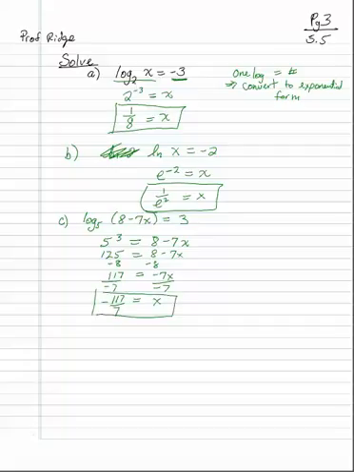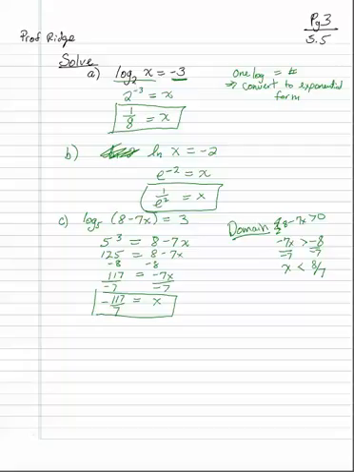Now, one thing when you're solving logarithmic equations is the domain of this function: 8 minus 7x has to be greater than 0. So we have to keep that in mind when we're working this out. So we got -7x, and when you divide by a negative, remember it flips the inequality sign.